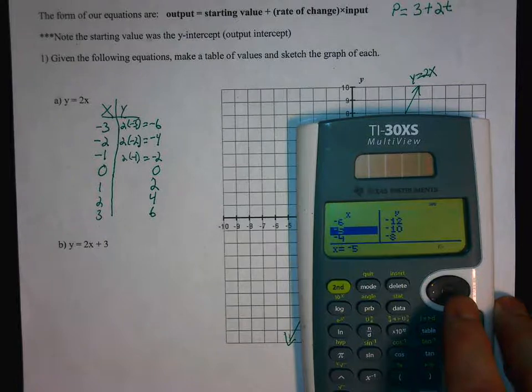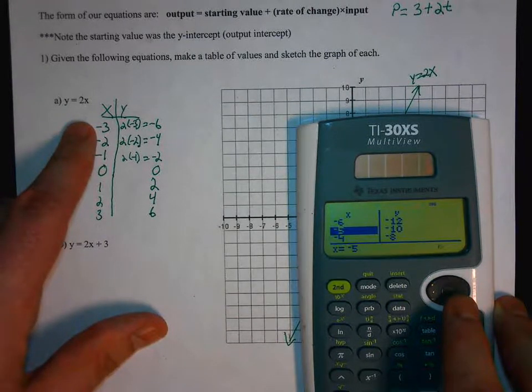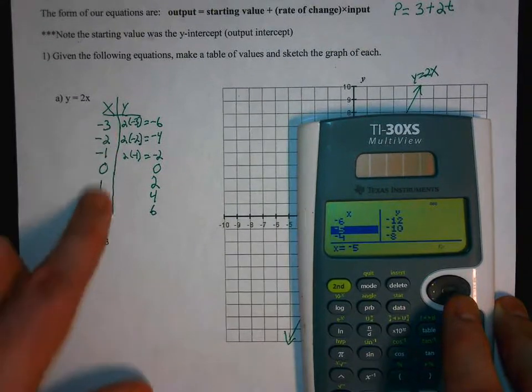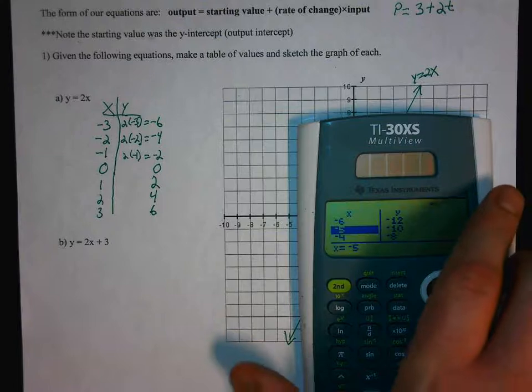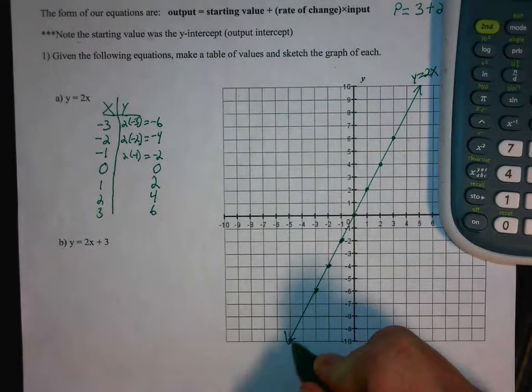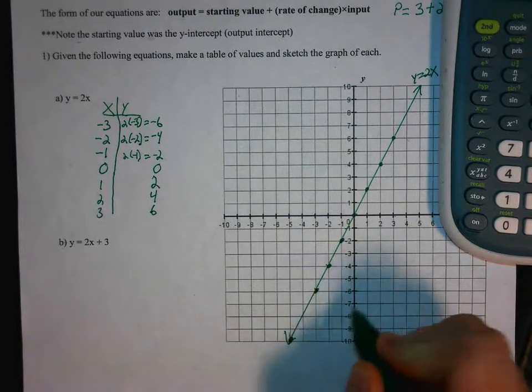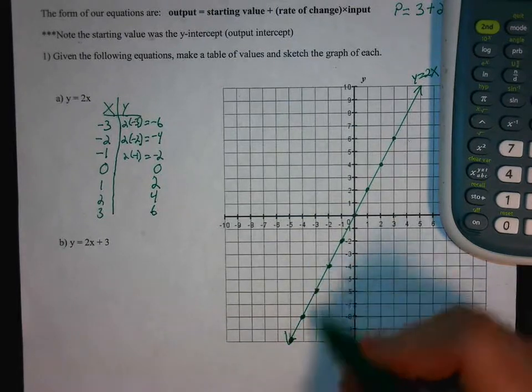So we could actually go all the way to -5 in our table. Now I just chose -3 because there's several values there for us to see the pattern of what's happening to graph the line. But -5, -10, okay, that would be the value way down here, which is on the grid. And then -4, -8, that'd be this point. Okay, and you can see that's on the same pattern or same line as what we just graphed.